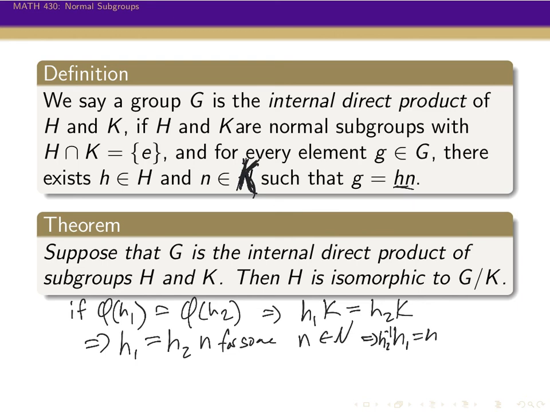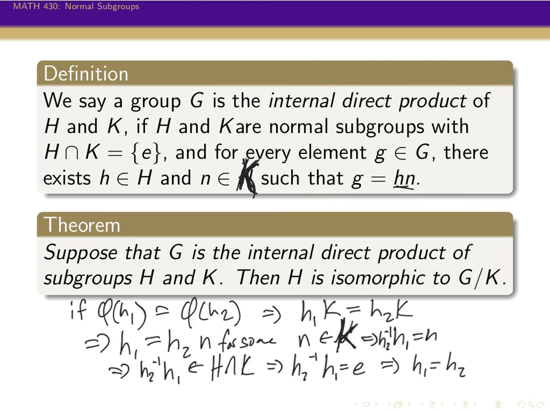And so since h1 and h2 are both in H, so h2 inverse is in H, and n is in K, this means that h2 inverse h1 is in both H and K, so it's in the intersection, and so that means that h2 inverse h1 is the identity, and so h1 is equal to h2. Okay, and so that gives us one-to-oneness.